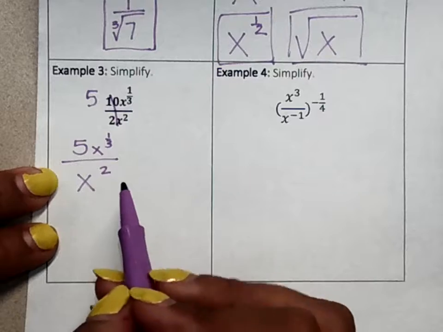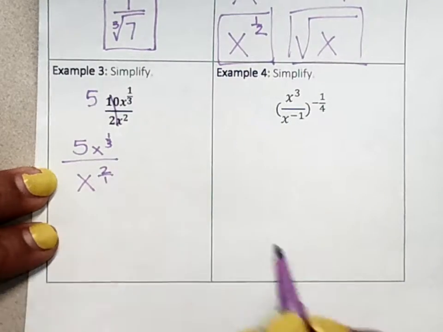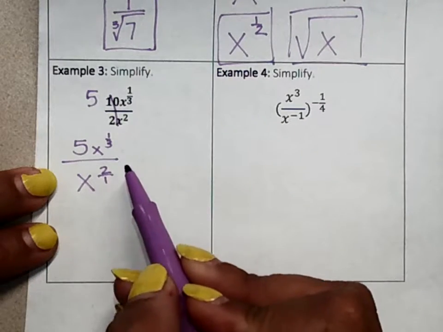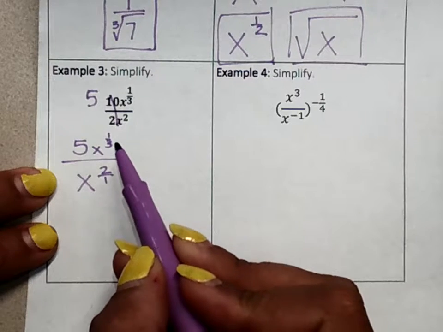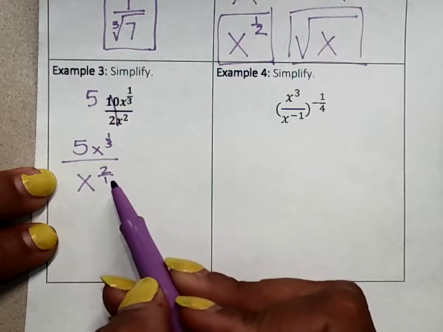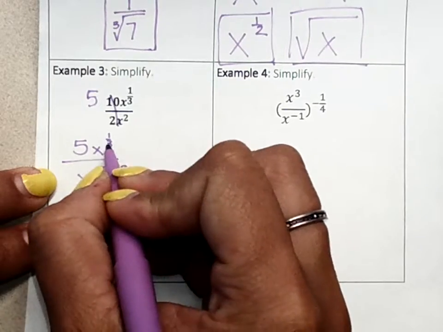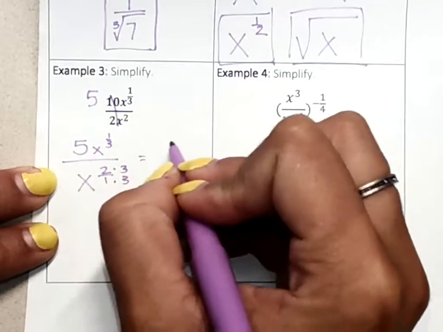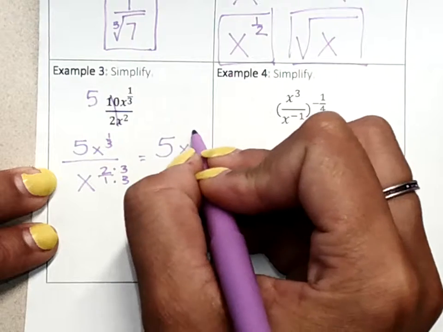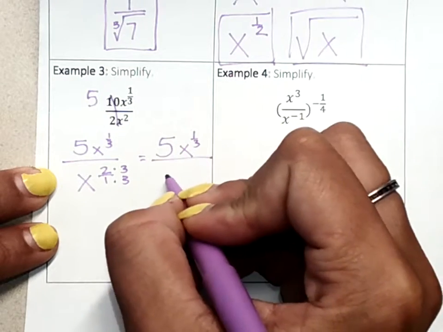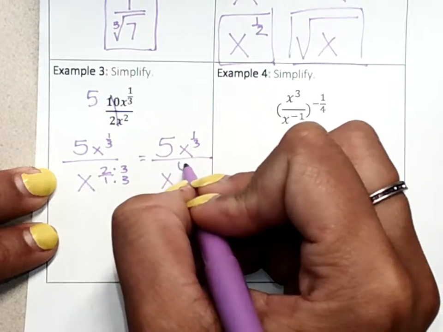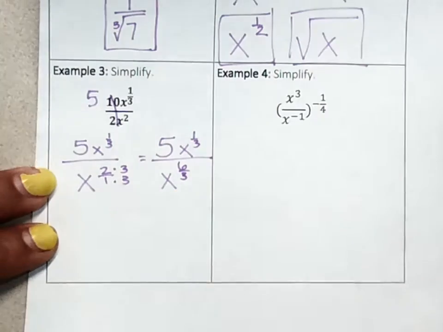Now we can take care of the exponents. I'm going to put a 1 in the denominator to make this a fraction. We don't have the same denominator, so I'm going to multiply 2 over 1 by 3 to give it the same denominator. So now it is 5x to the 1/3 over x to the 6/3.